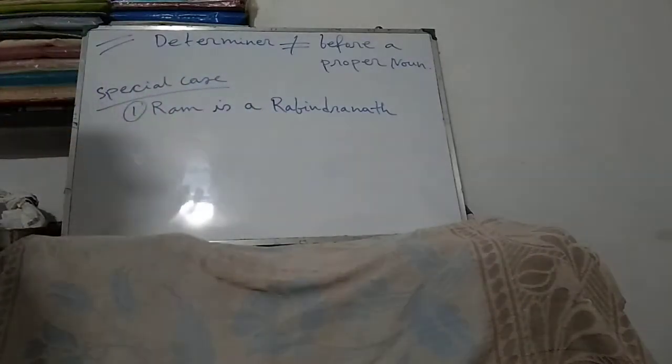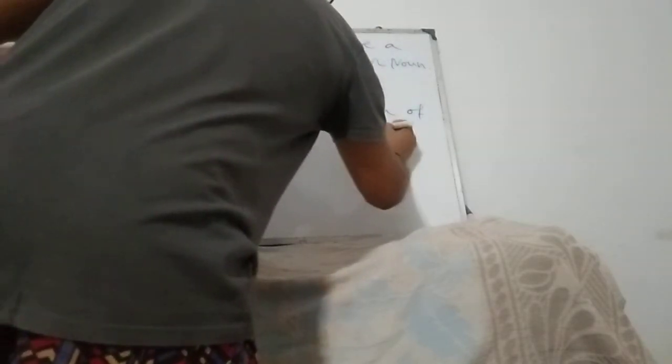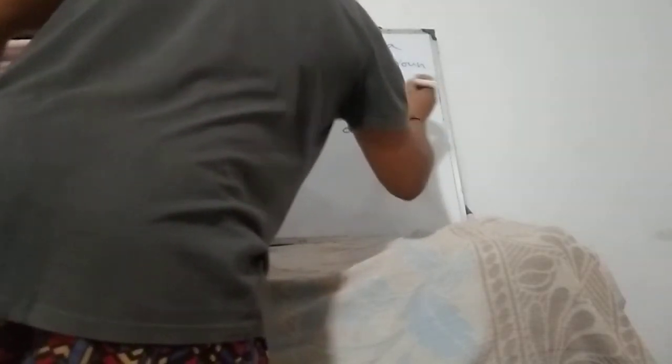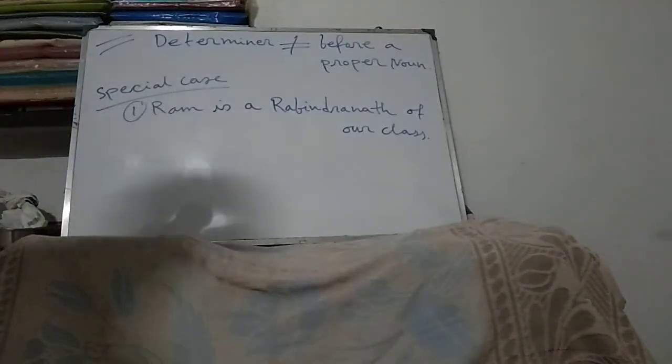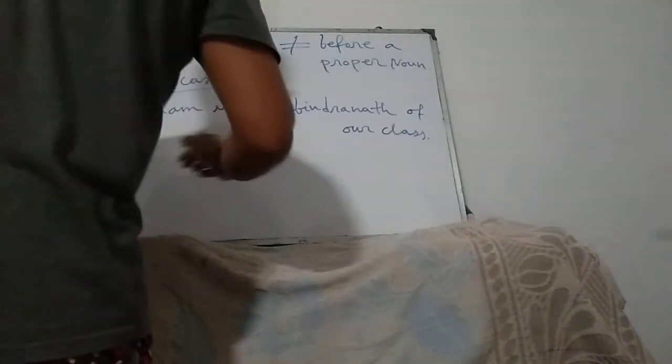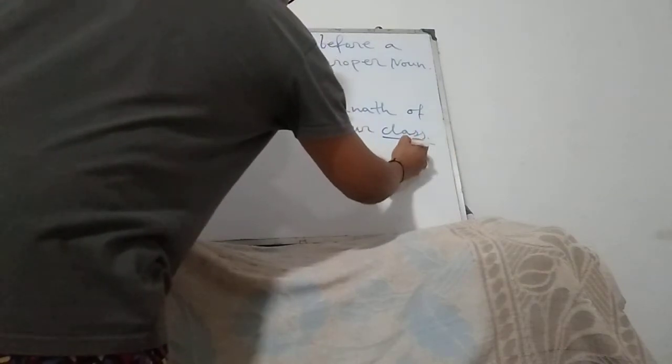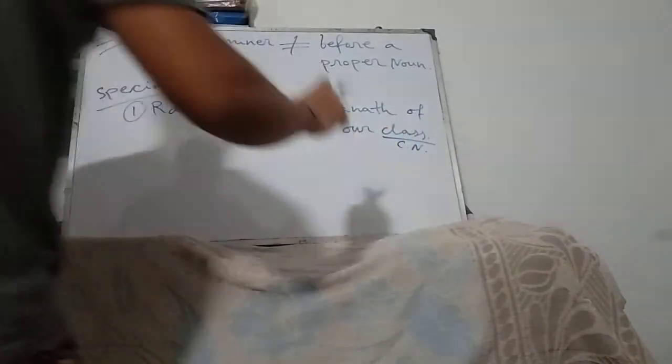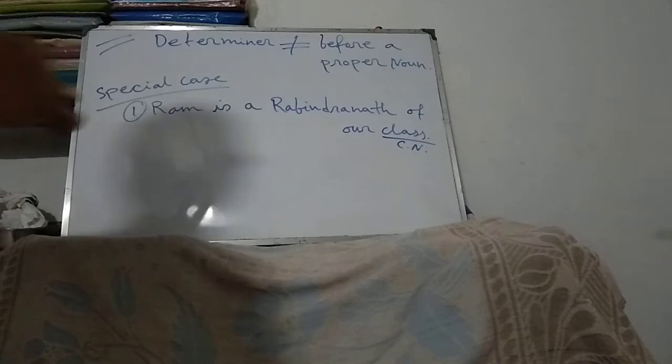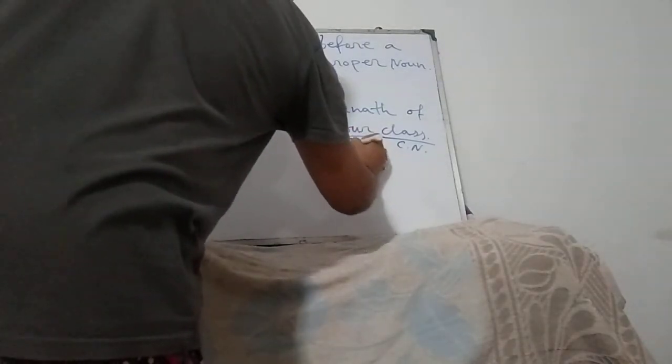Ram is a Rabindranath of our class. Look here. Class is a common noun and a countable noun, that's why it is taking a determiner, no problem.